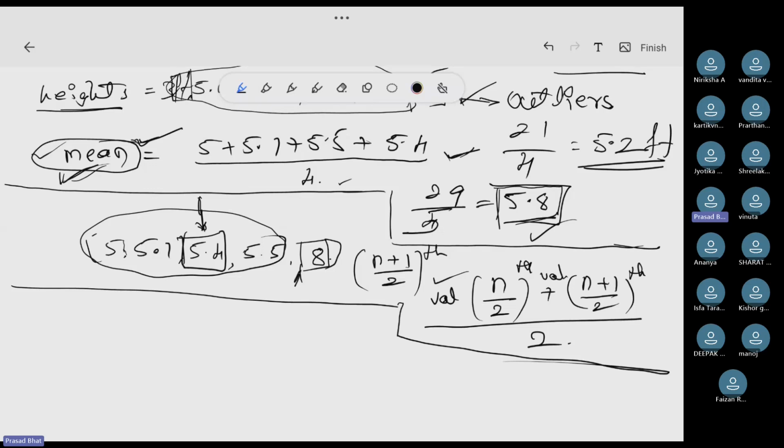Or if the number of samples is even, then we have to do this particular calculation, averaging out. So ultimately, these are all mathematical operations which require mathematical operands. That means they can work only on numbers.